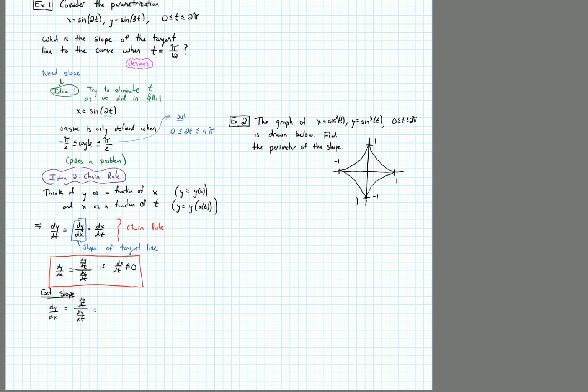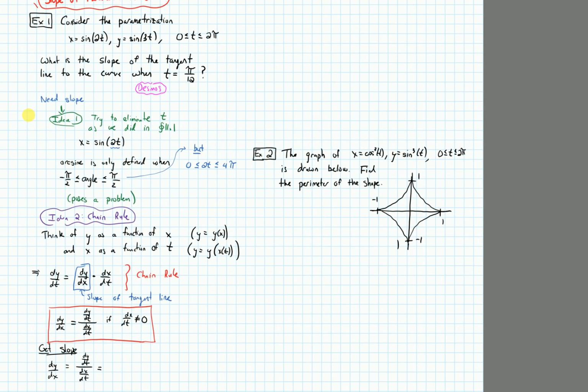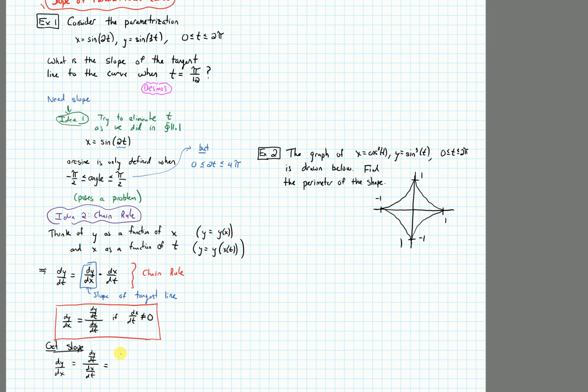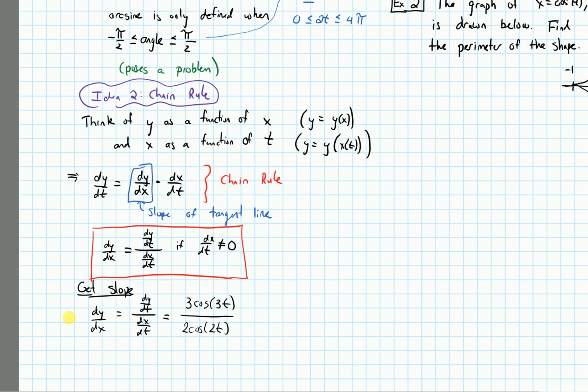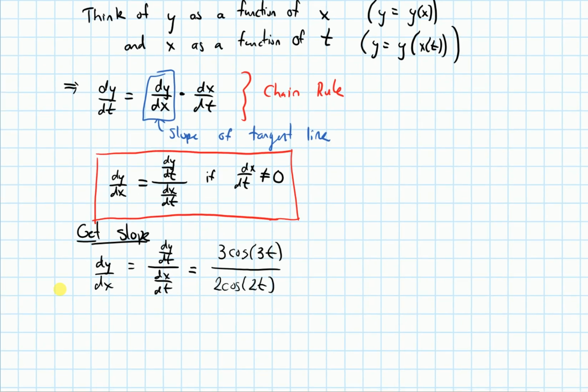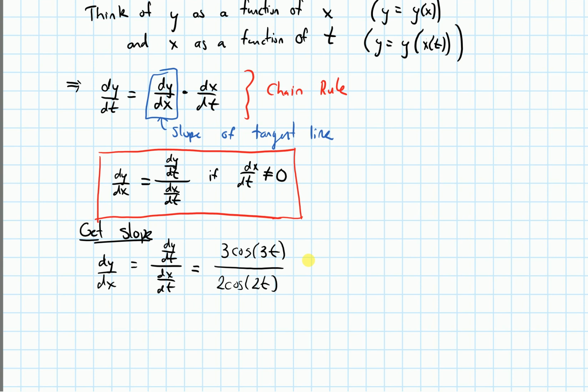So the derivative of y would be 3 times cosine of 3t, and the derivative of x would be 2 times cosine of 2t. Sorry, I know that doesn't look super great because it's harder to write when things are zoomed out. So that's what dy dx is going to be.